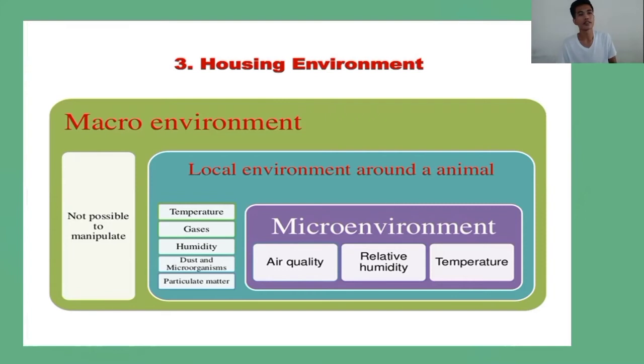Housing environment. Macro environment consists of factors that cannot be manipulated. The local environment around the animals is composed of temperature, gases, humidity, dust and microorganisms, and particulate matter. Also, the microenvironment around the animals is composed of air quality, relative humidity, and temperature.